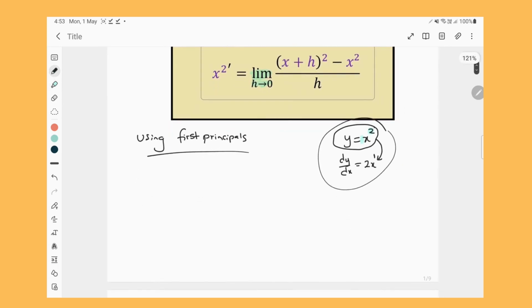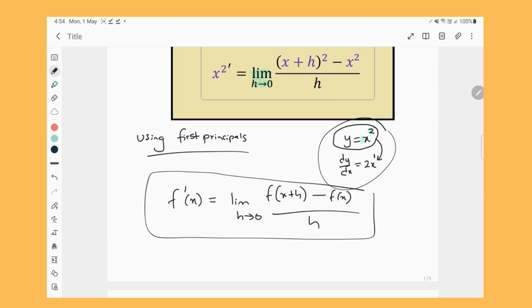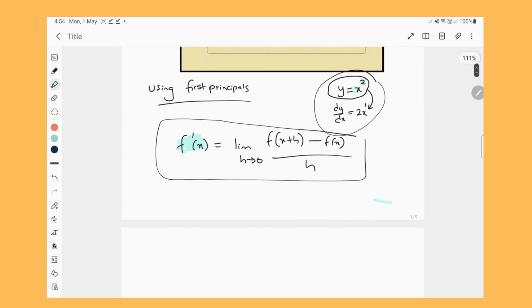So first principles equation is f dash x is equal to limits of h goes to 0, f(x plus h) minus f(x) divided by h. So this is the general equation for the differentiation using first principles.